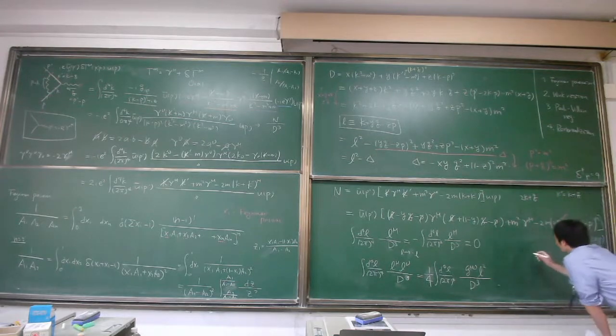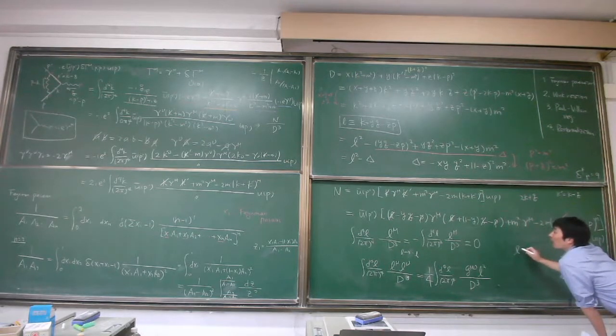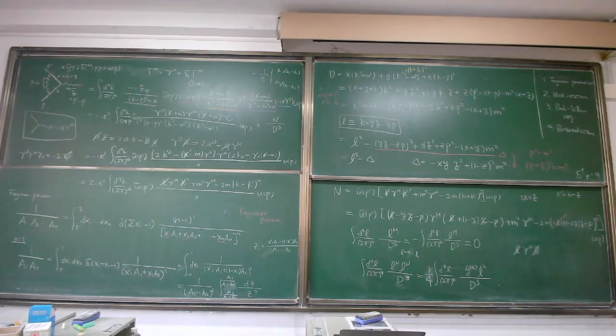Okay, so now we just want to evaluate L slash gamma mu L slash. This is equal to L rho L sigma gamma rho gamma mu gamma sigma.